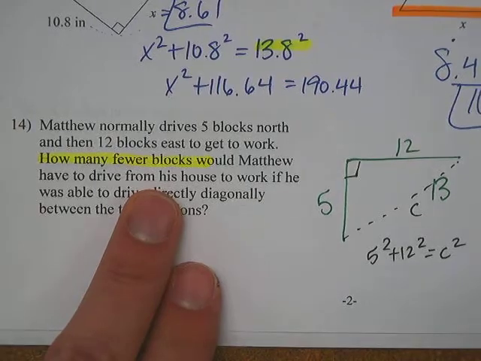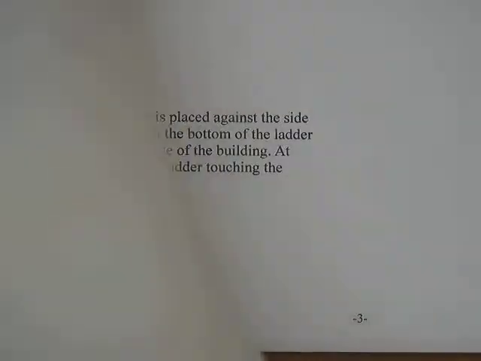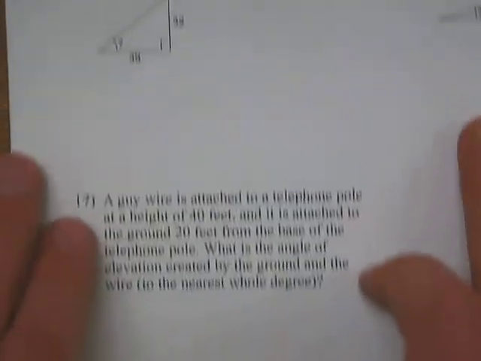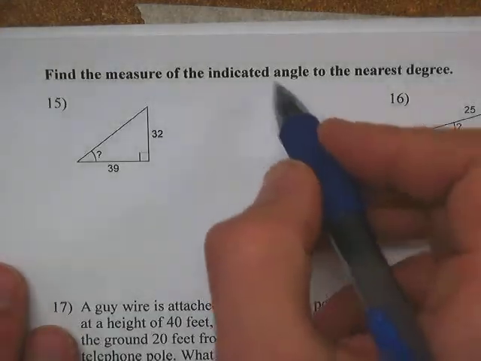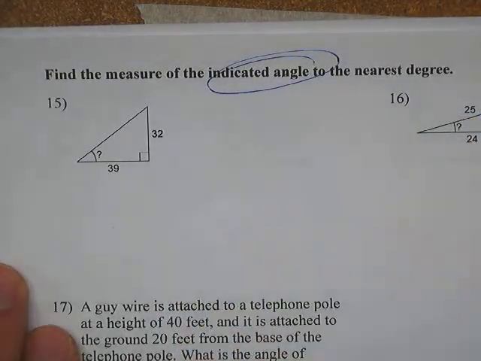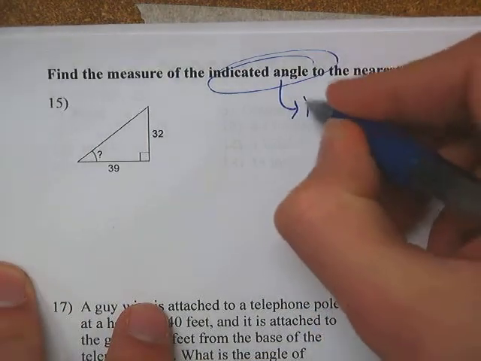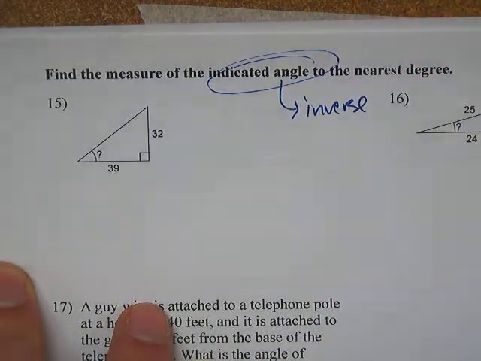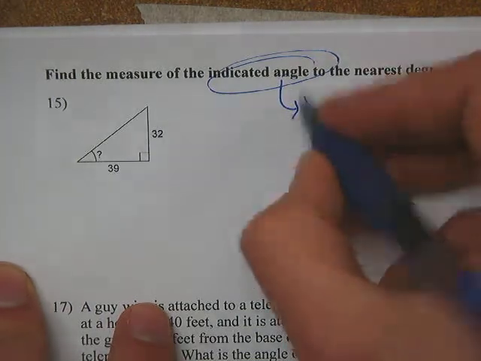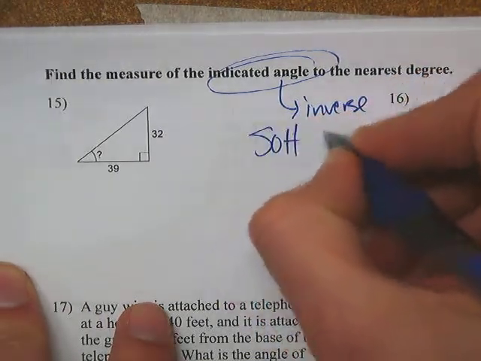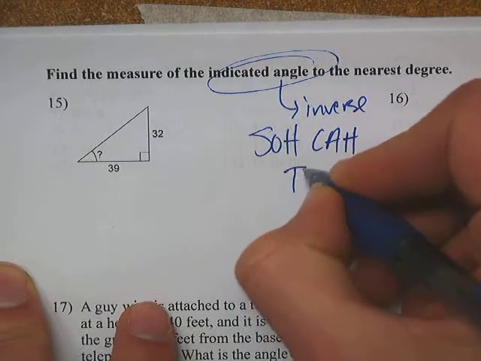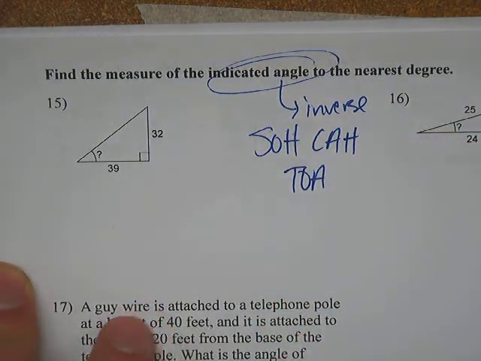Well, 5 plus 12 is 17. So he normally drives 17 blocks. So if he was able to drive a direct distance, it'd be 13, so that's 4 fewer blocks. Okay? Pay attention to that.